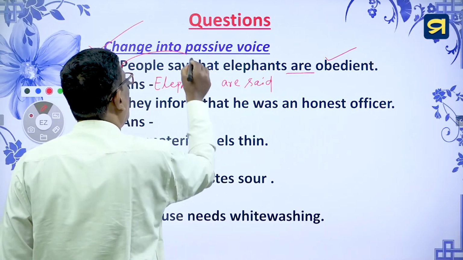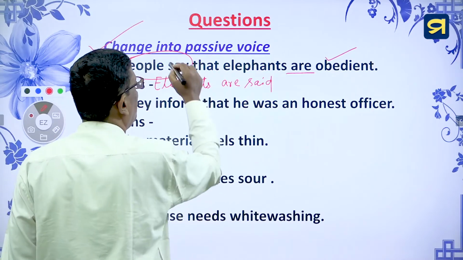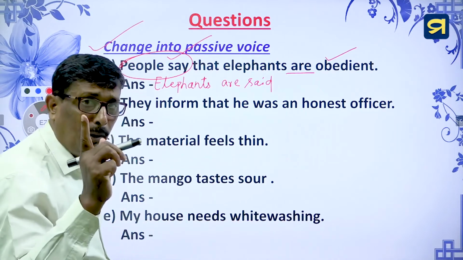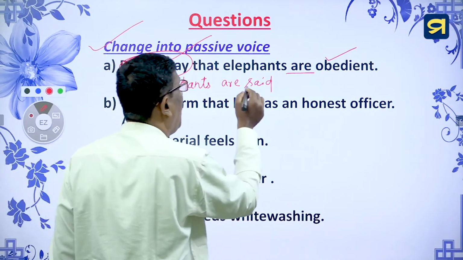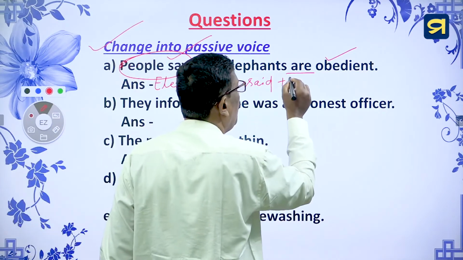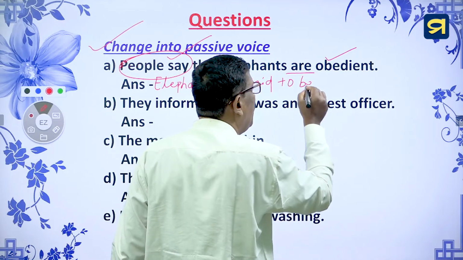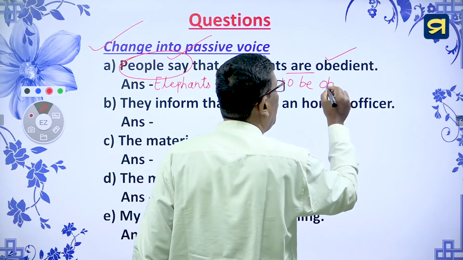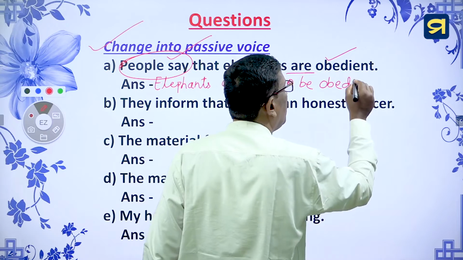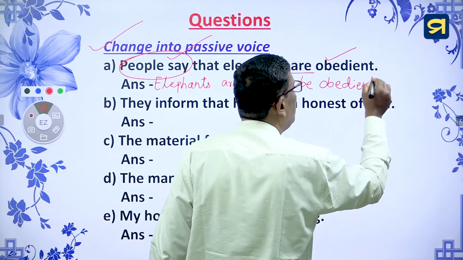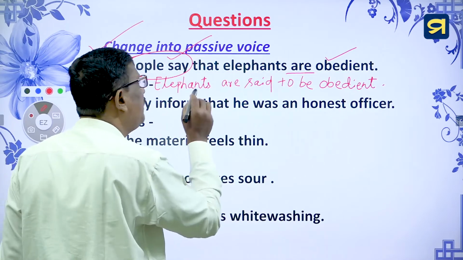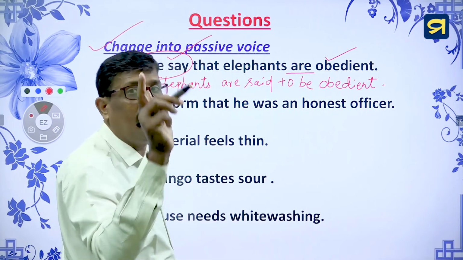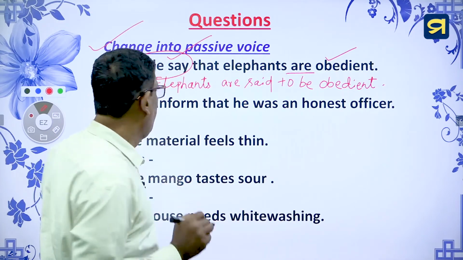Then according to the verb, we have to change it. It is in the simple present tense. Followed by are, then said. Then followed by what? To, then be, then the complement. What is the complement here? Obedient. That means elephants are said to be obedient. Did you understand? Very good.